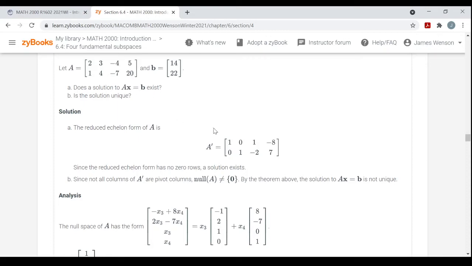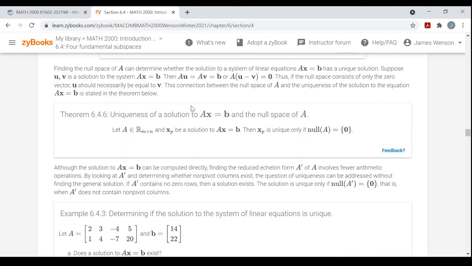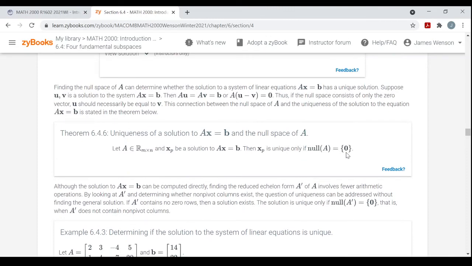You can just put this matrix in reduced row echelon form and see, if you were trying to find the null space of A, that the reduced echelon form of A has two free variables, two non-pivot columns. That means the null space of A would have a dimension of 2. So the null space of A would not be just the zero vector. There'd be more to it.